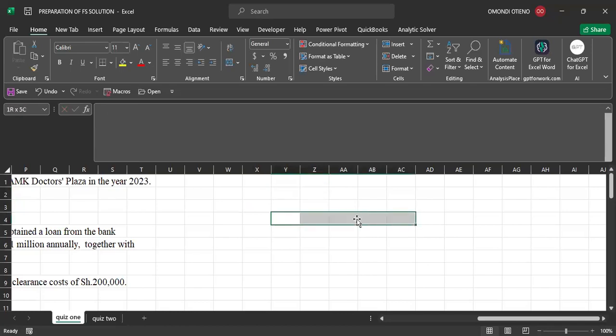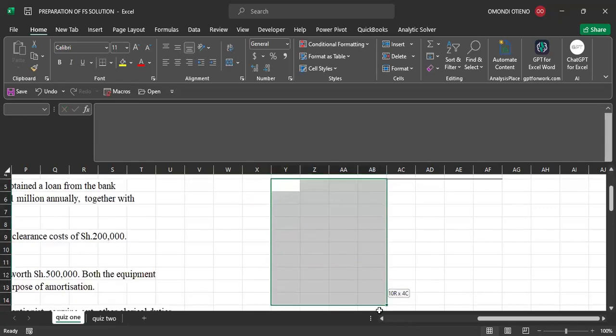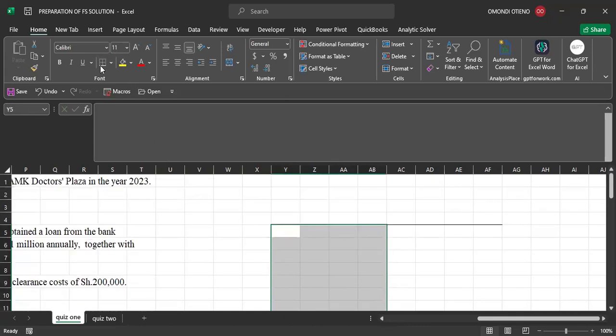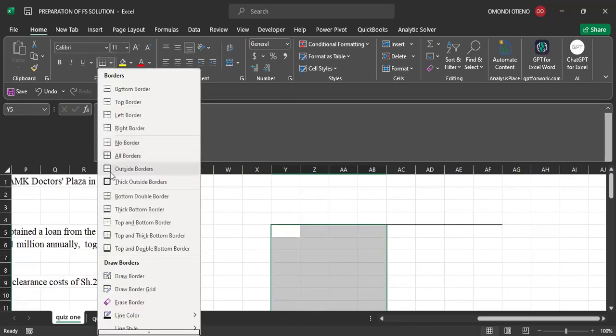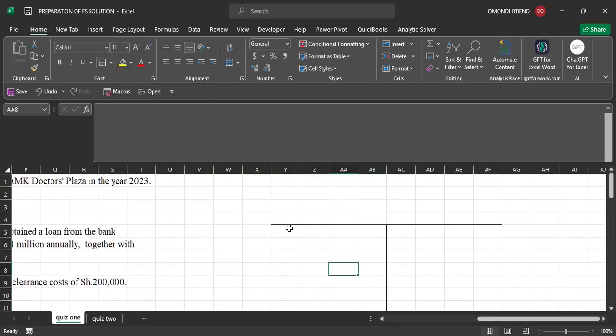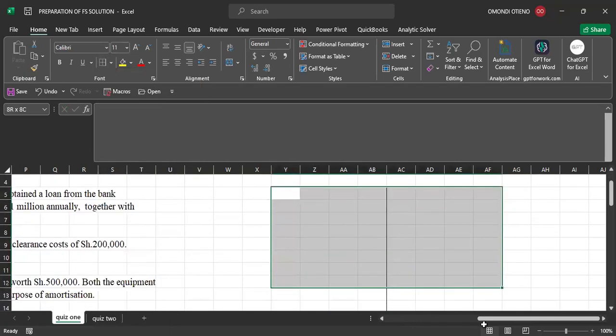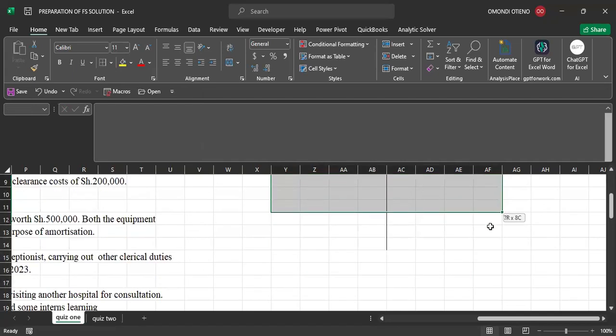So let's come up with the T account to make our friends here understand what is going on. Bank will be having a lot of transactions, so let's give it that space. This will be our bank.